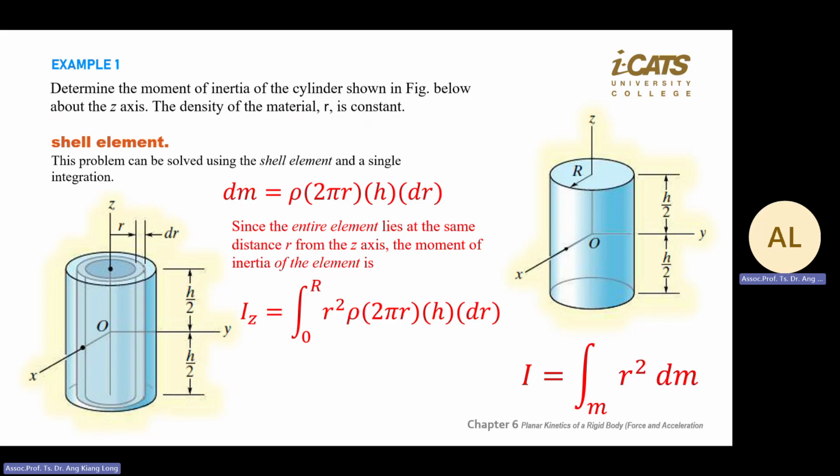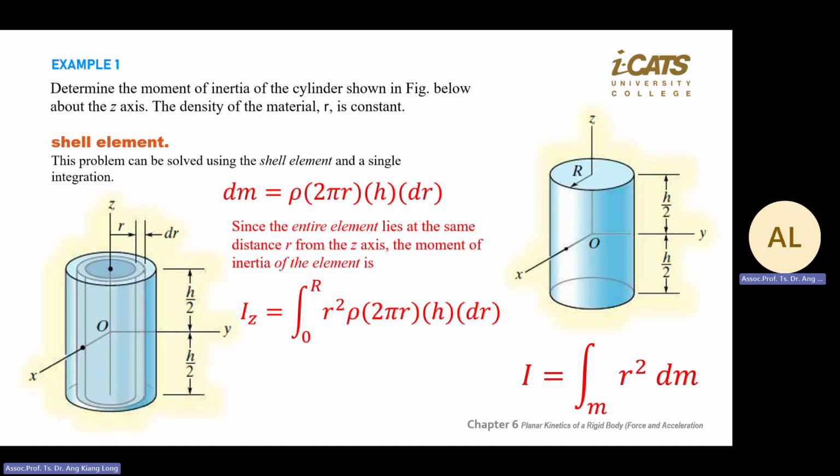So rho is constant, pull it outside the integration. R square multiplied by r gives r cube. H is constant and does not have r, so pull the h out.